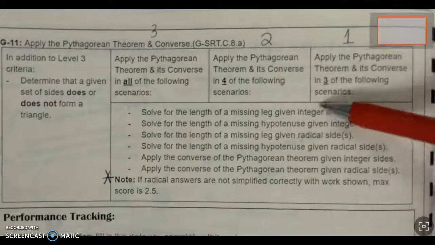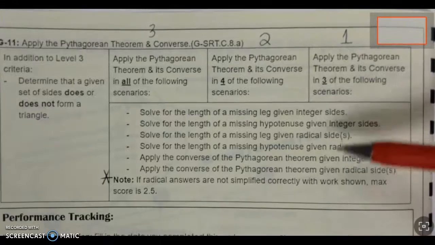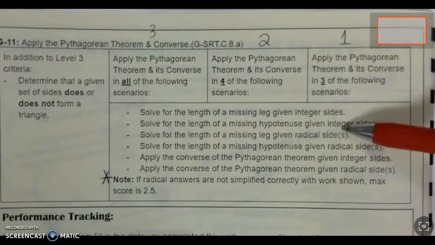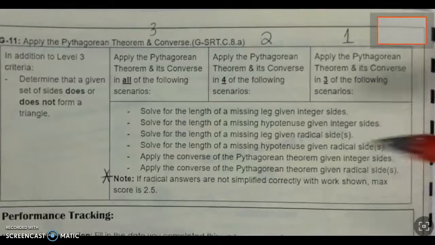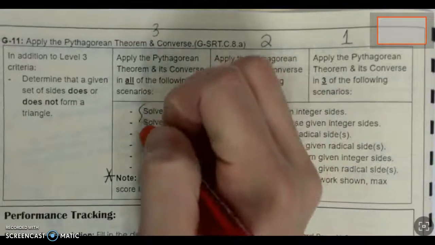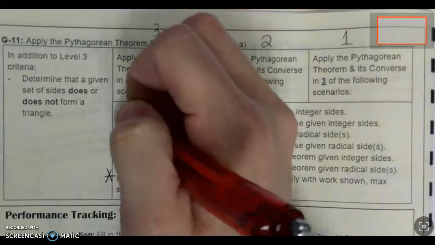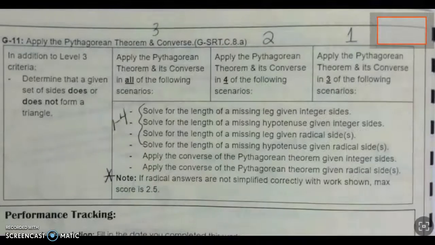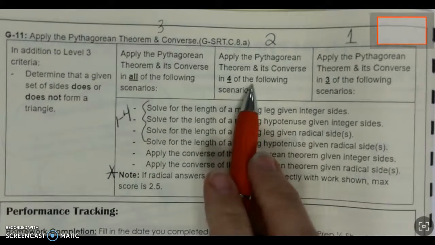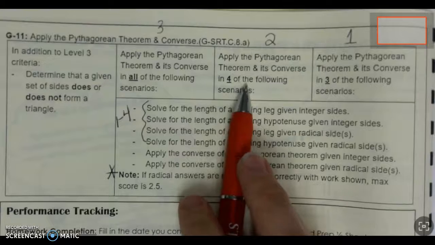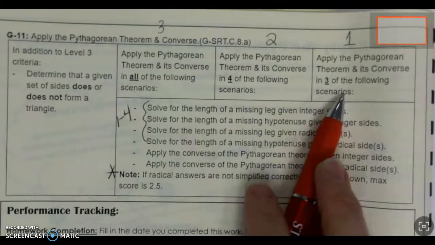So for the first 6 options, these first 4, 1, 2, 3, and 4, are the first 4 questions on the review. If you can do all 4 of those questions, you're already at a level 2. If there's one of them that you happen to miss, then you would be at a level 1.